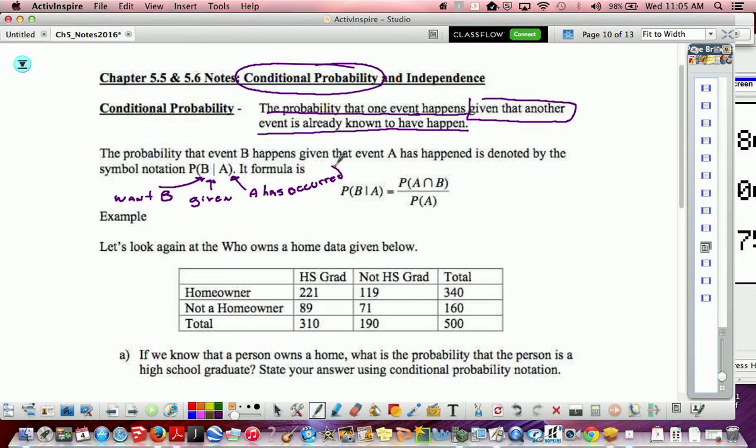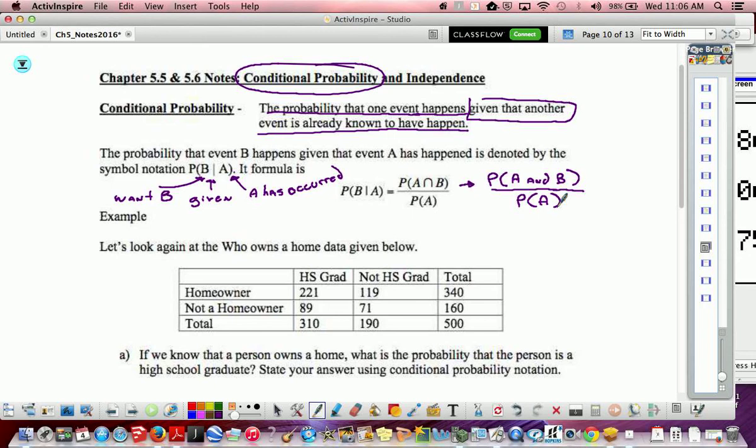But if you look at how the formula is calculated, the probability of B given that A has occurred: on the top, you're looking at all the outcomes. Remember that this symbol is the same thing as and. So sometimes I rewrite it as the probability of A and B occurring, given that just the probability of A has occurred.